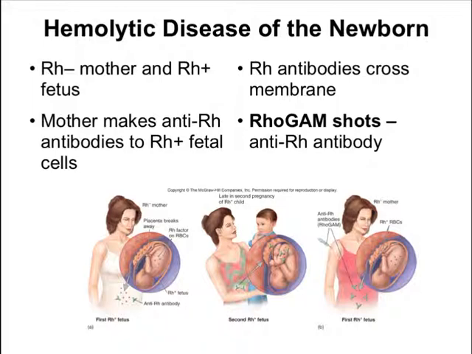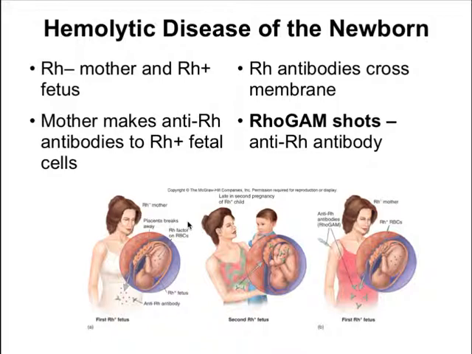However, if the mother is Rh negative, that means she does not have the antigen for Rh on her red blood cells. And if the fetus is Rh positive, then it does have the antigen on its red blood cells, which obviously he would have obtained from the father. And this difference in red blood cell type is no problem throughout pregnancy unless there are some serious complications.